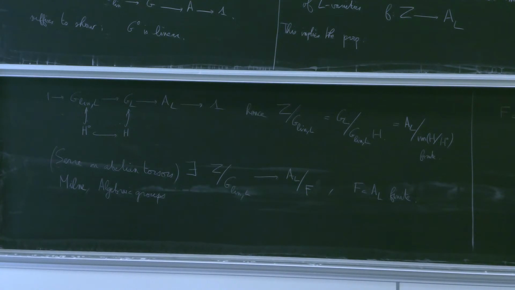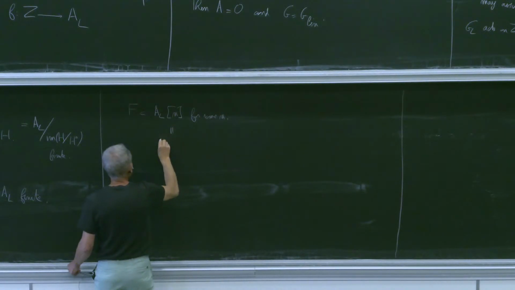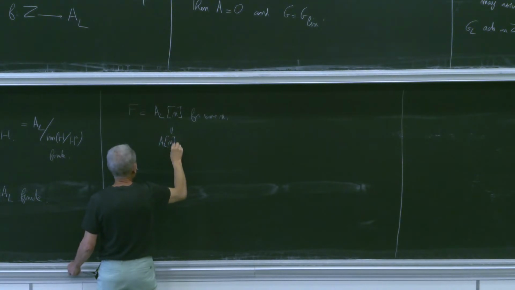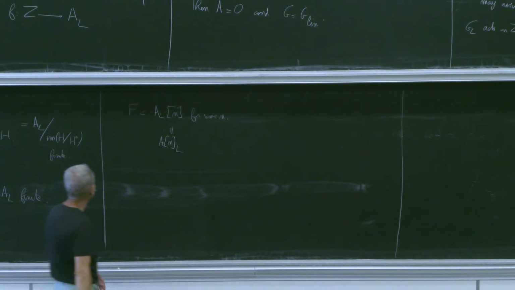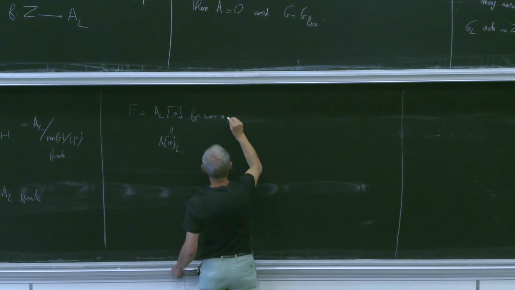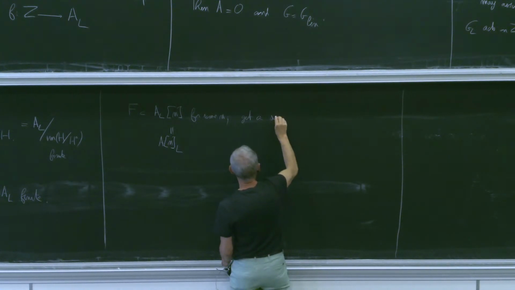This is just the trivial fact that every finite commutative group is killed by some integer, right? And the good thing with this group is this is A of n L. Okay. It commutes with base change. And so what you get, actually, is a surjective morphism.